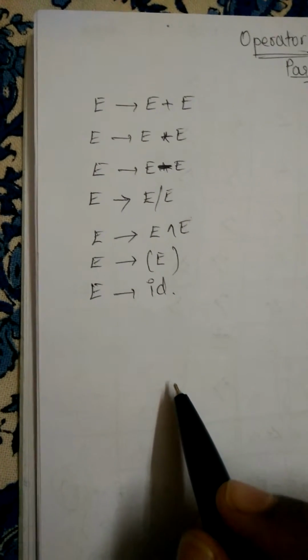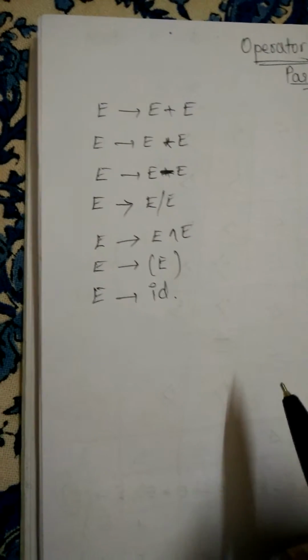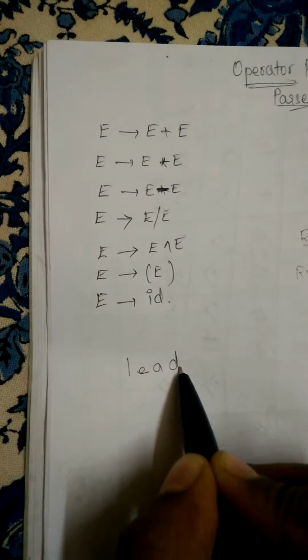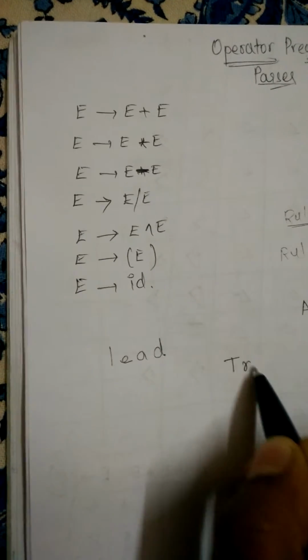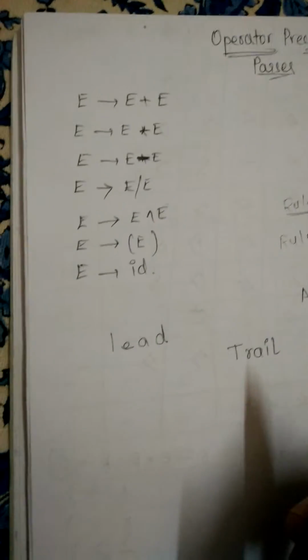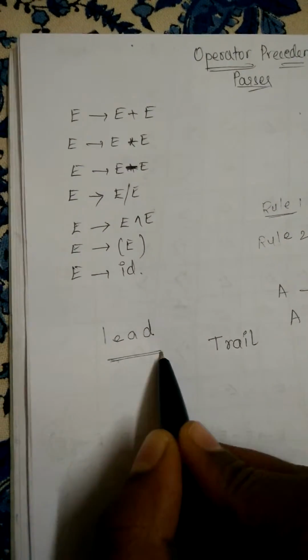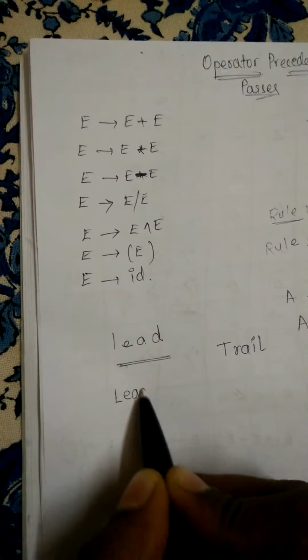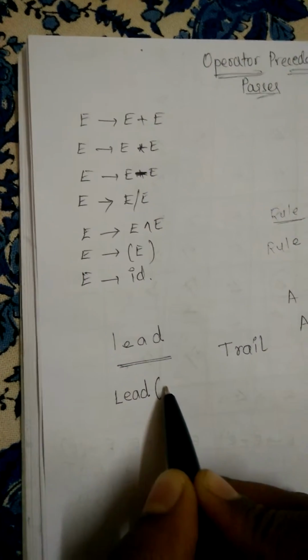For constructing the operator precedence table, first we need to know what is lead and what is trail. Let's see about lead. We have to find lead of every non-terminal.